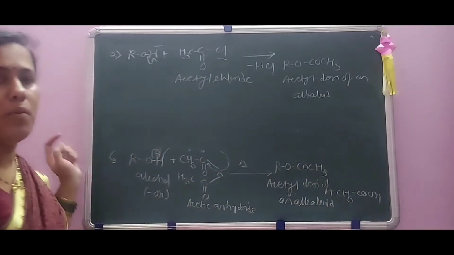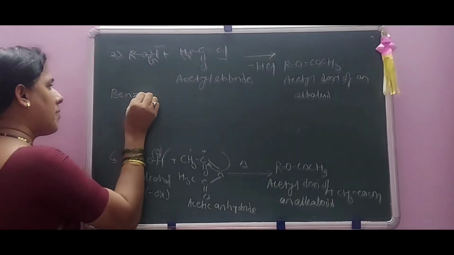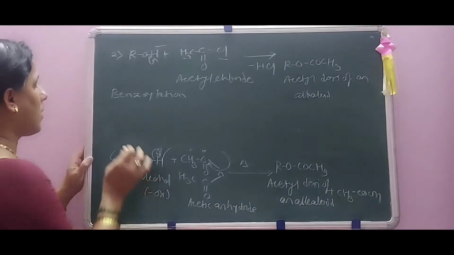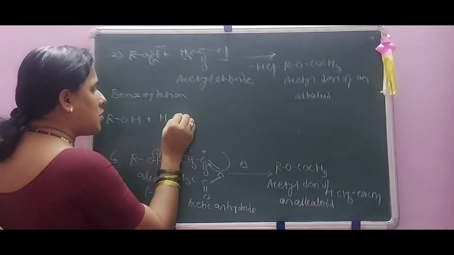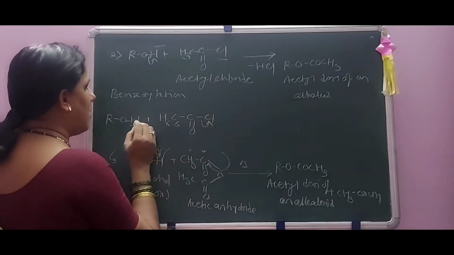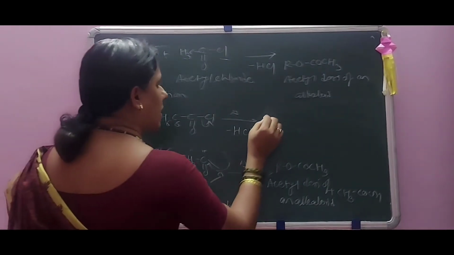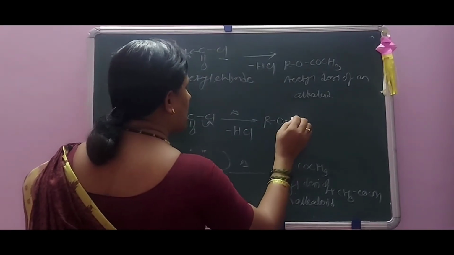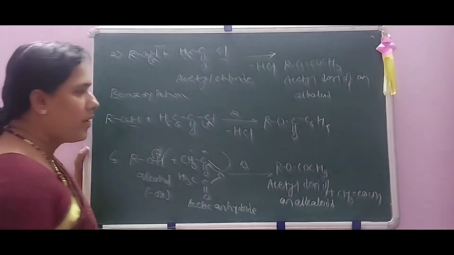Now the second type of reaction is the benzylation reaction. For this purpose we take benzoyl chloride, that is ROH plus C6H5COCl. This H and this Cl are eliminated as HCl, and there is formation of ROCOC6H5, the benzyl derivative of an alkaloid.